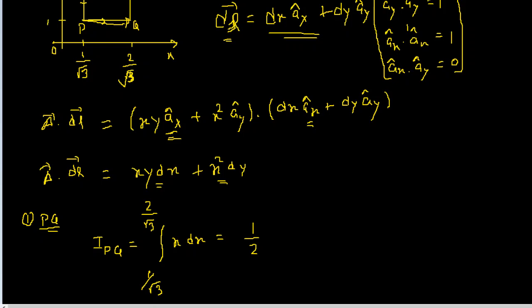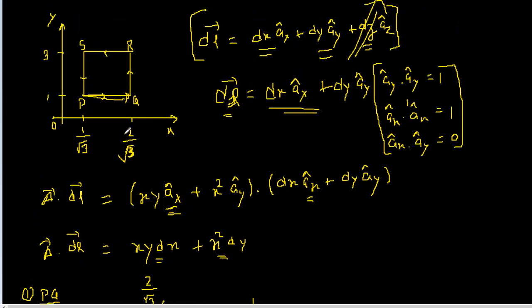Okay, now take another region. Here we can denote them as region 1, region 2, region 3, and region 4 to get an easier equation.